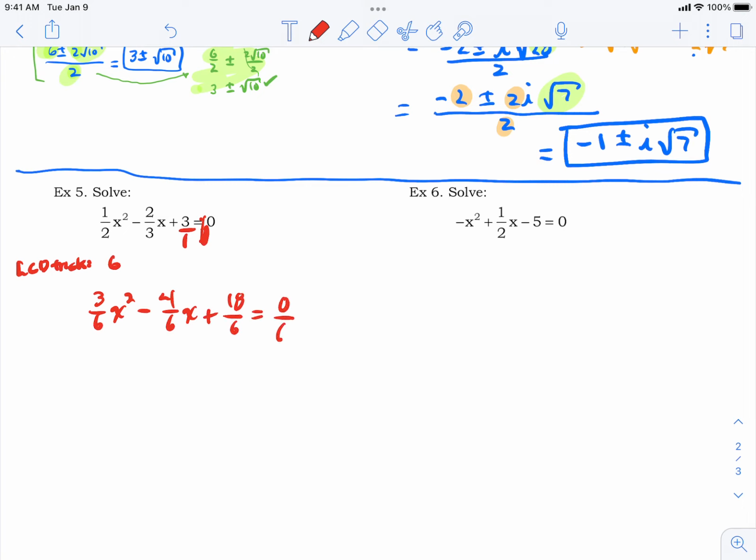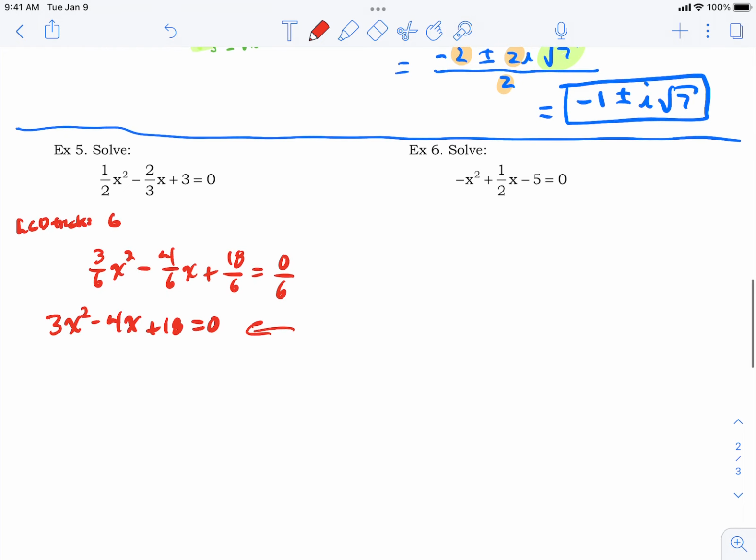And then, yeah, you could say 0 is 0 over 6. What you've done is you've made it all 6's on the bottom. And if it's 6's all the way across, that means you can basically ignore them. And so my equation is becoming this: 3x squared minus 4x plus 18 equals 0. Doesn't that look a little more friendly for plugging into the formula?